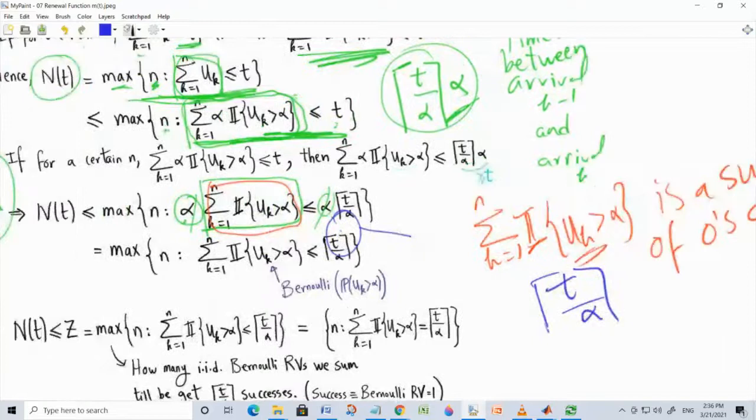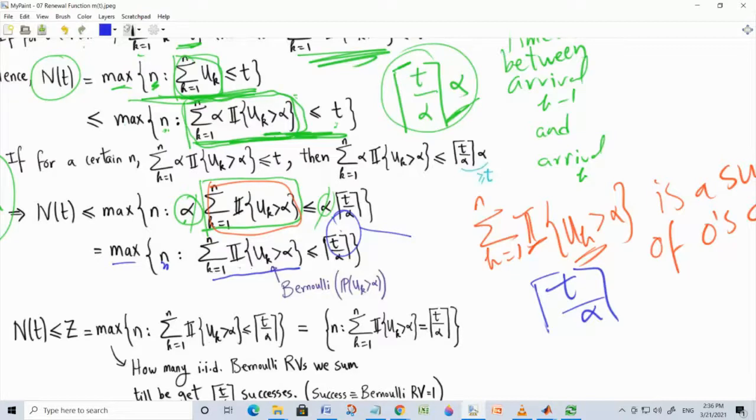So again, think about it. We are summing zeros and ones, and we want the maximum n that makes you reach this number. So you keep increasing n until you reach this number.